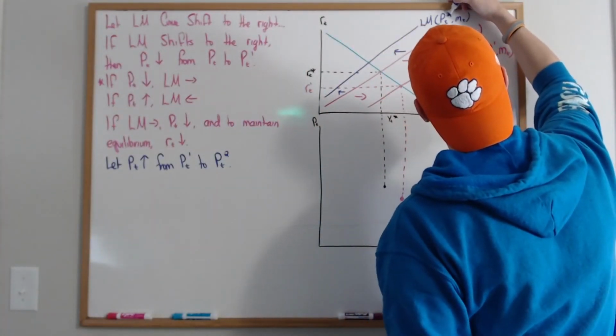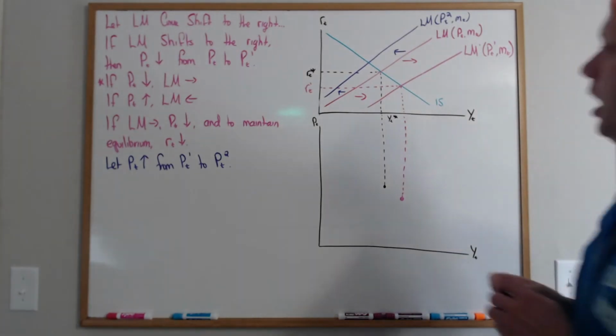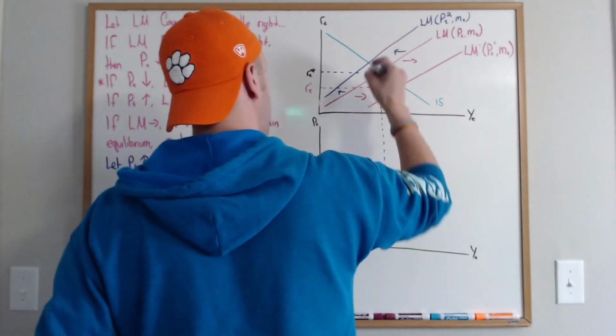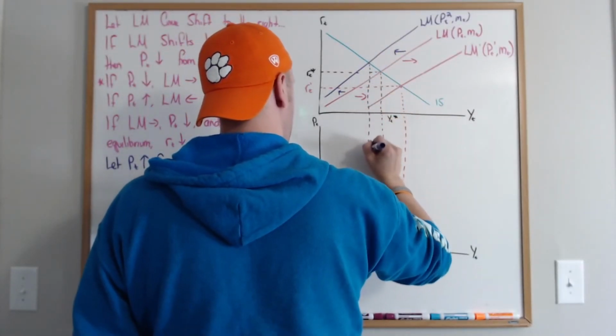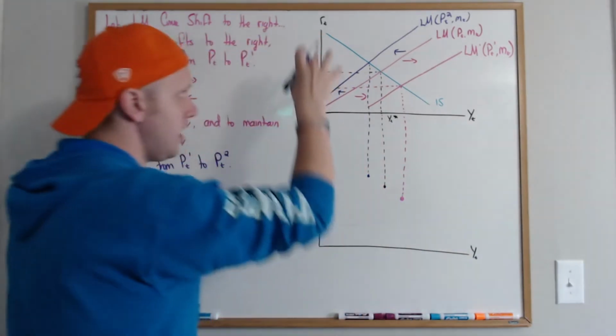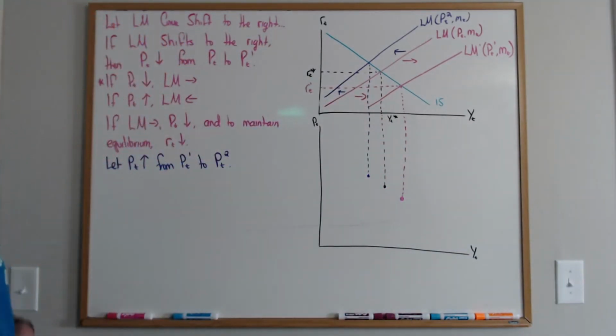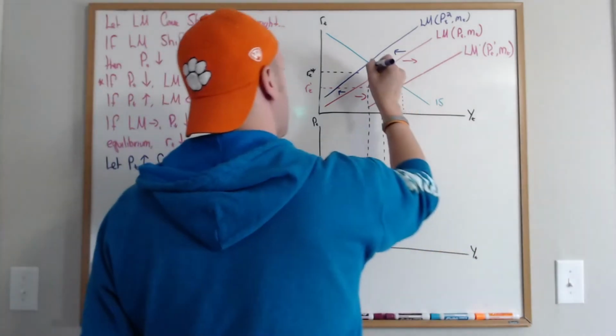So the price level goes up, the LM curve is going to shift in, and to maintain equilibrium along that IS curve, where the two are intersecting, the interest rate is going to go up.